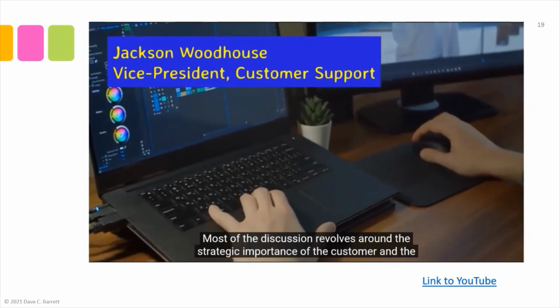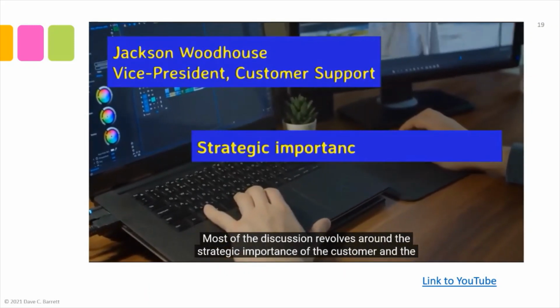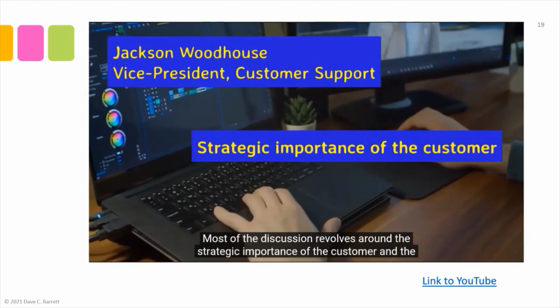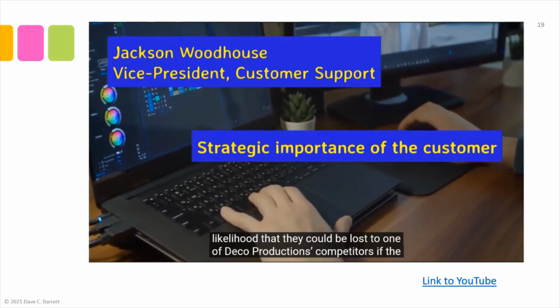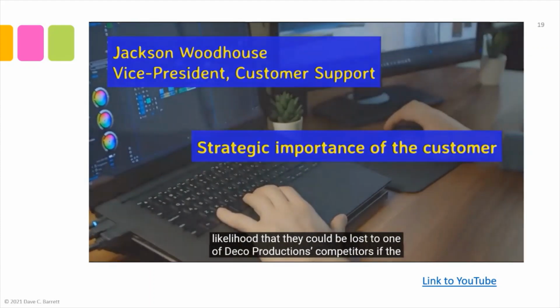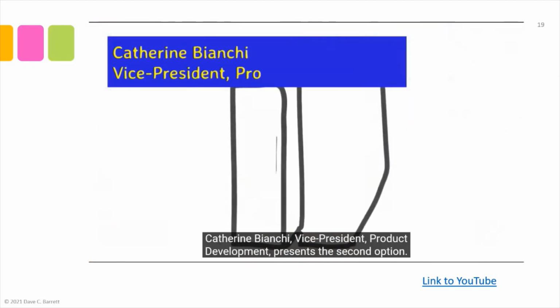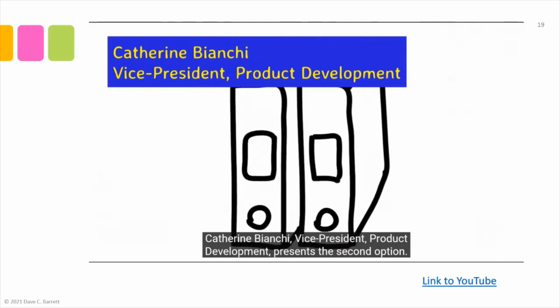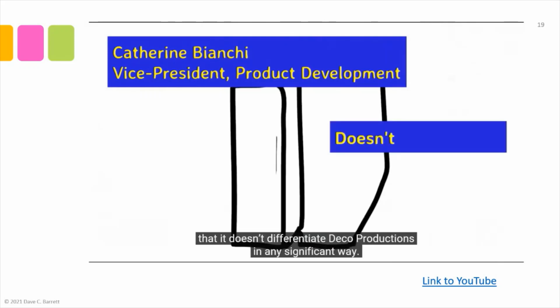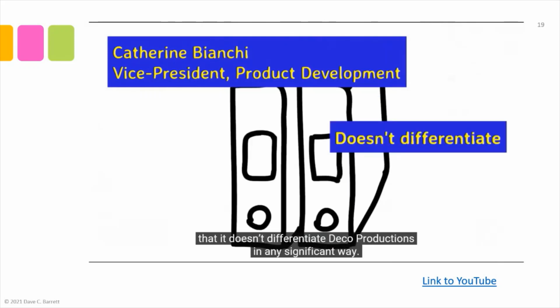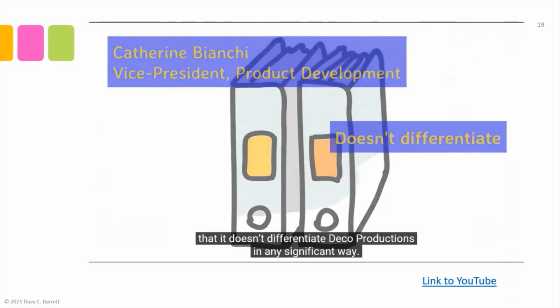Most of the discussion revolves around the strategic importance of the customer and the likelihood that they would be lost to one of Deco Productions' competitors if the project is not completed. Catherine Bianche, Vice President, Product Development, presents the second option. Concerns are raised that other companies already provide the proposed functionality and that it doesn't differentiate Deco Productions in any significant way.